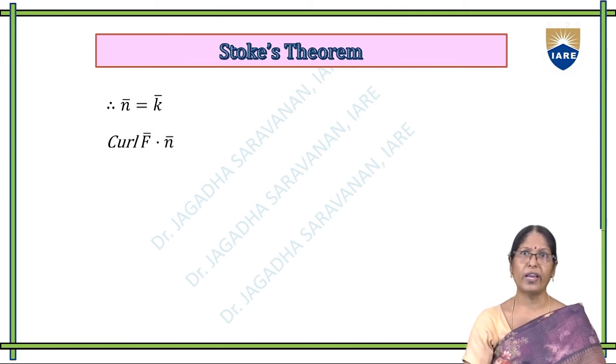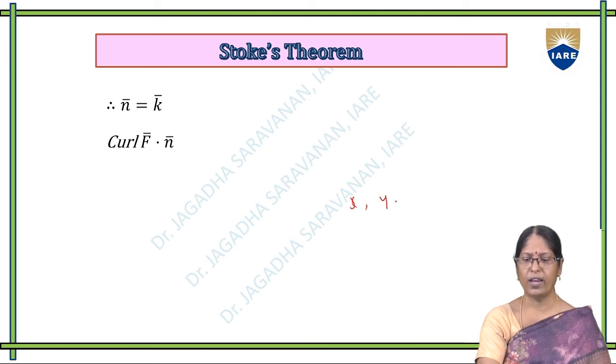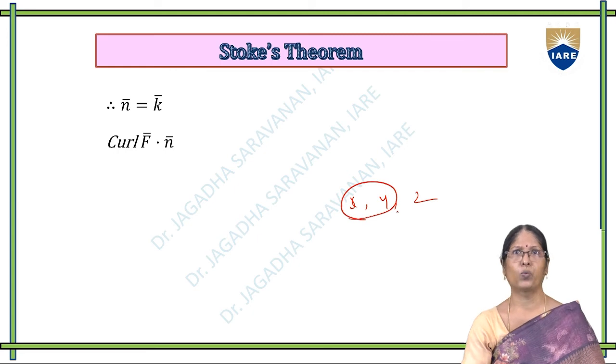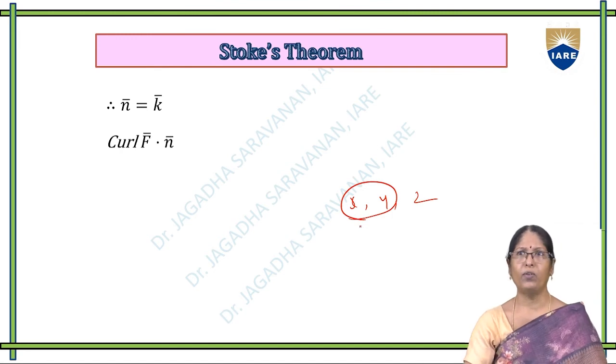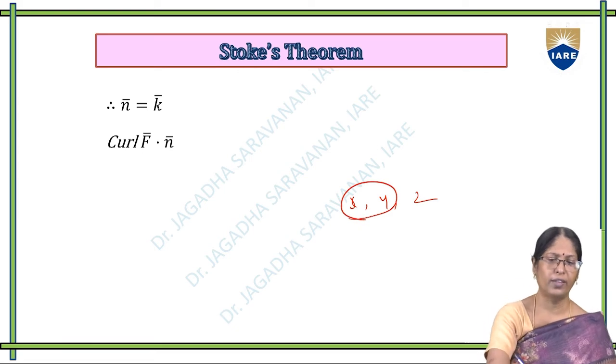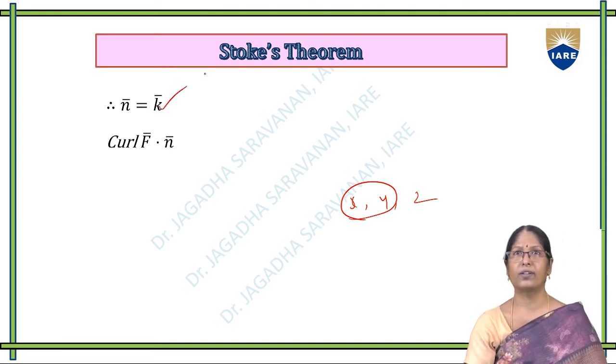Ours is totally a 3 dimensional space. The surface is in the xy plane, and in the z dimension the normal vector is perpendicular to our xy plane. So the normal vector is k. That's what is written: n equals k.